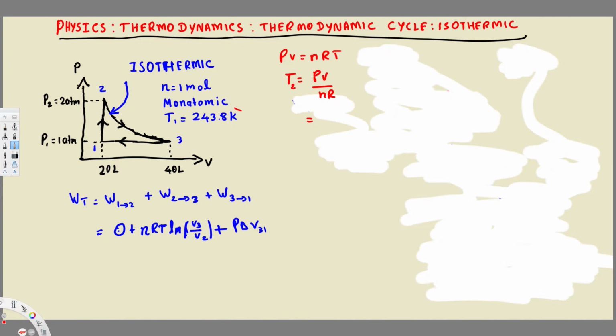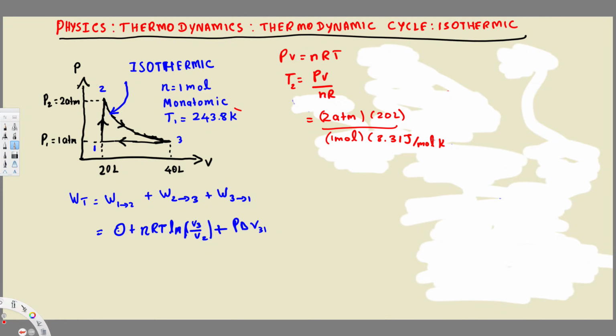So here pressure we can put 2 atm, and then volume is 20 liters, times a conversion into joules. Because if you notice, we have 1 mole times R, which is 8.31 joule per mole Kelvin.